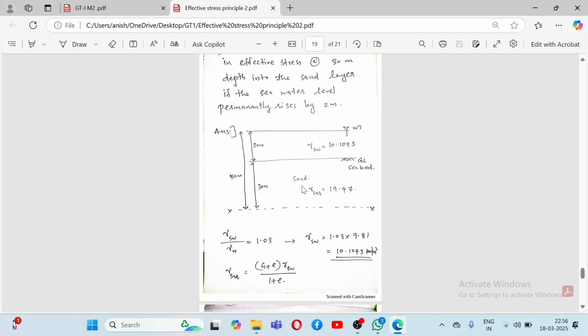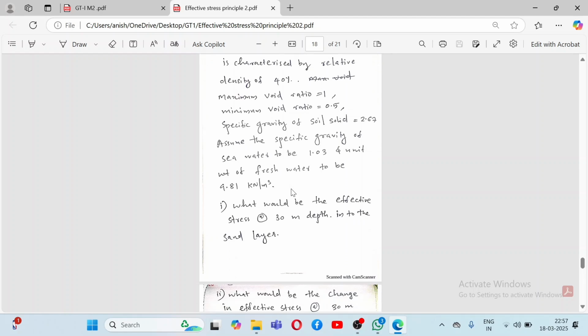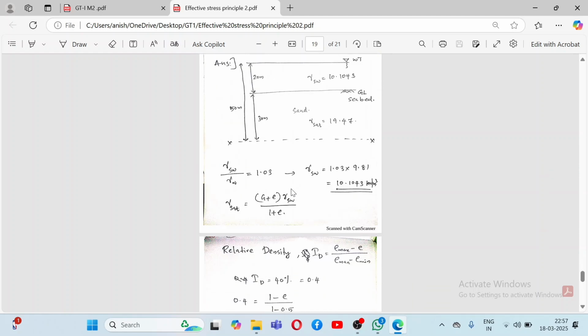So what is the unit weight of seawater? Specific gravity is given as 1.03, that is gamma seawater divided by gamma water equal to 1.03, which is then taken as 1.03 into 9.81.